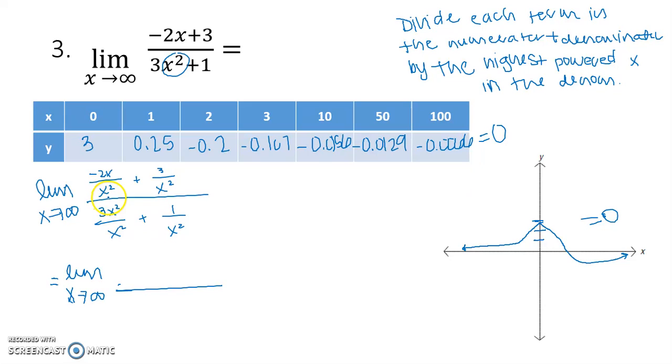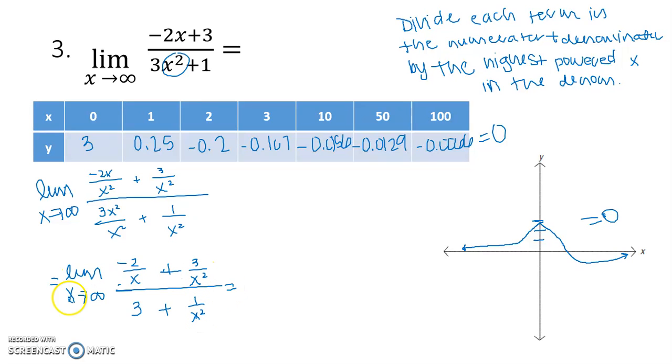Negative 2x over x squared, one of your x's would cancel, so that would simplify to negative 2 over x. 3 over x squared does not simplify, so I'm going to just leave that as 3 over x squared. 3x squared over x squared, your x squareds would cancel, so that'd be 3. And 1 over x squared does not simplify.